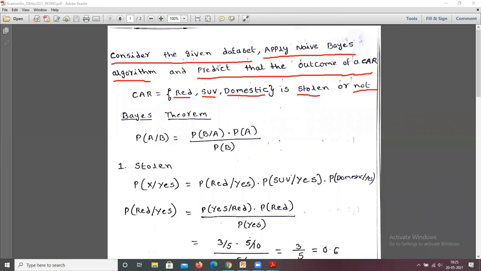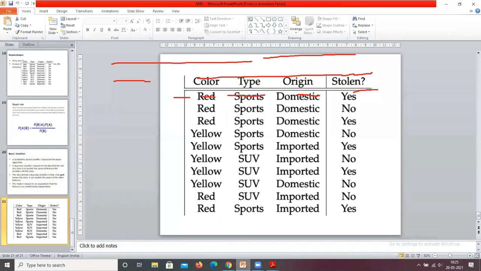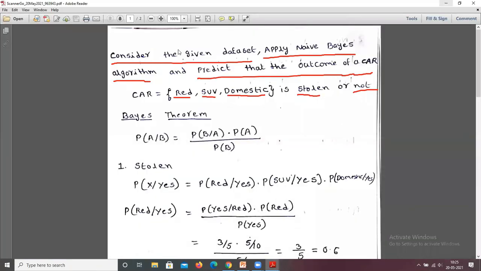So consider the given data set. Here, this is the data set: color, type, origin, stolen. For example, red, sports, domestic, yes. What is the outcome here? We have two outcomes.